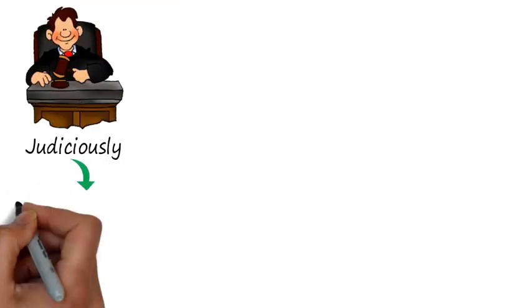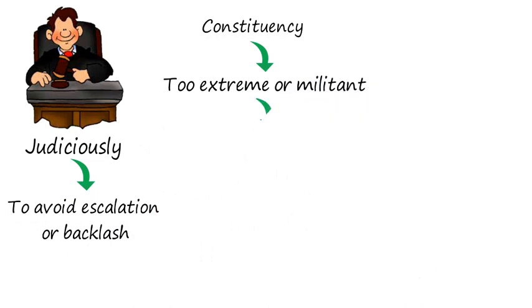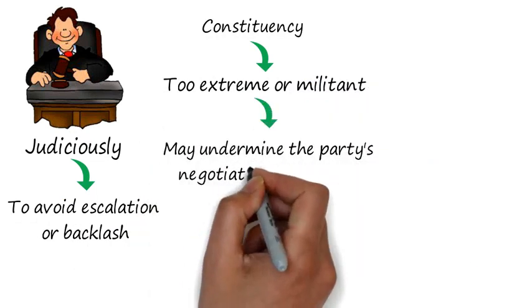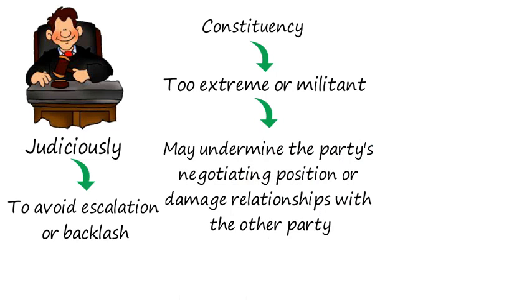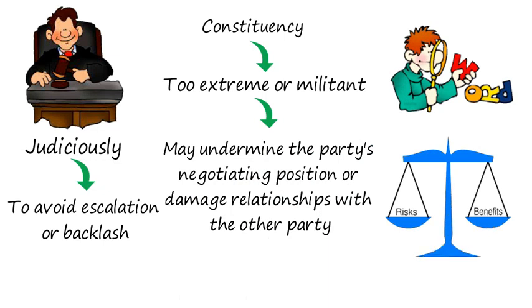However, it is vital to use the constituency judiciously to avoid escalation or backlash. If the constituency is perceived as too extreme or militant, it may undermine the party's negotiating position or damage relationships with the other party. Therefore, it is essential to carefully consider the potential risks and benefits of involving the constituency in the negotiation process.